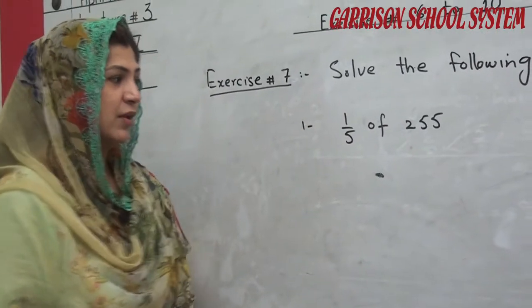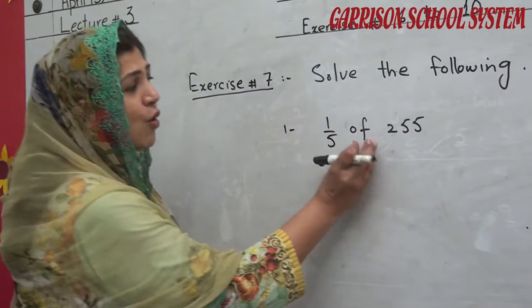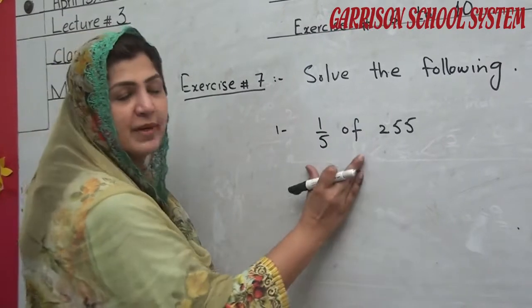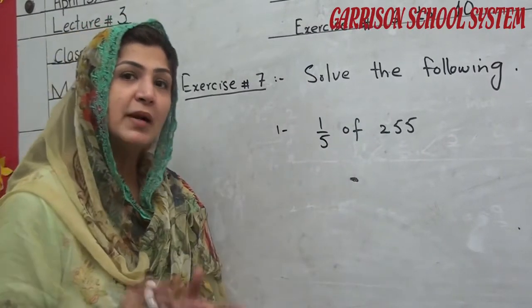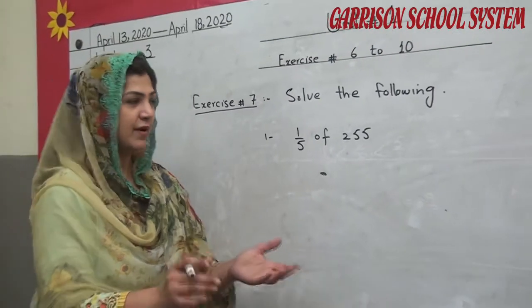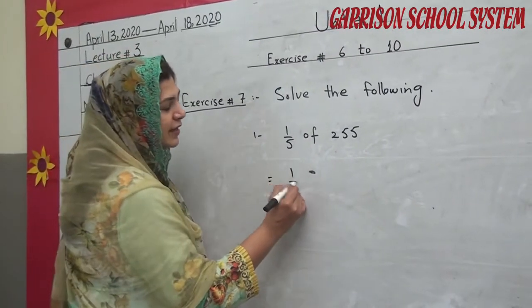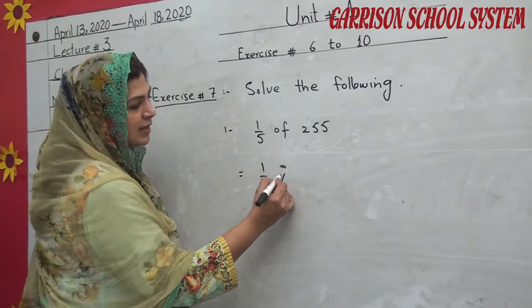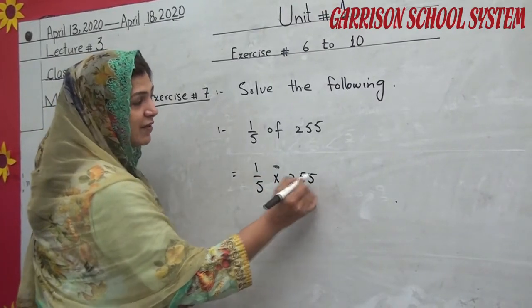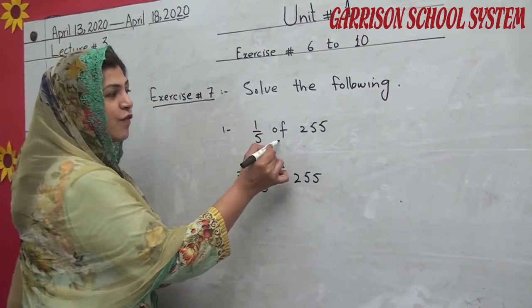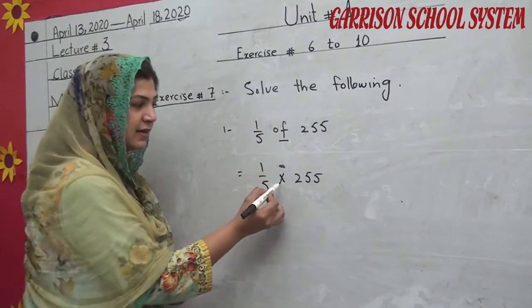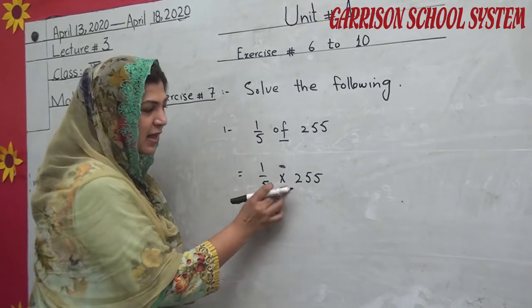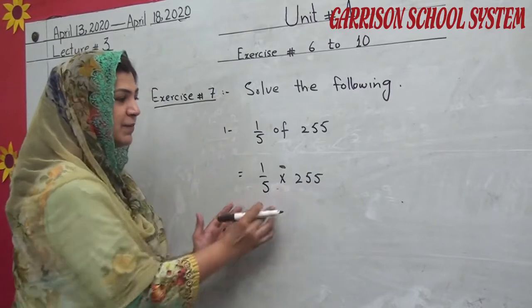Students, when you have "of" between two numbers, it means you have to multiply both numbers. For example, we can write in this way, 1 by 5 multiplied by 255. In place of "of", we can write the multiply sign here, and after that we will multiply.